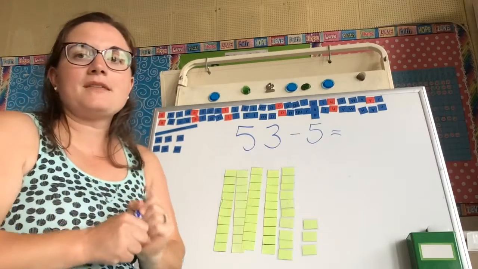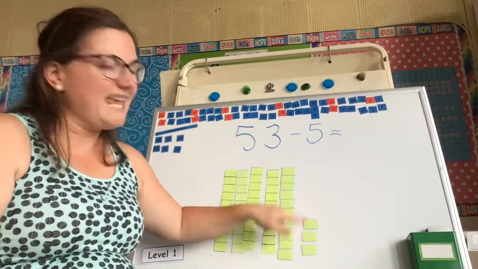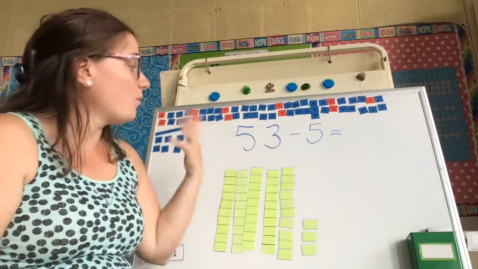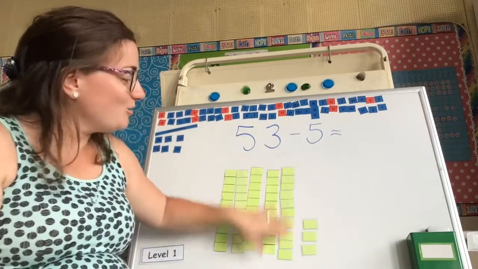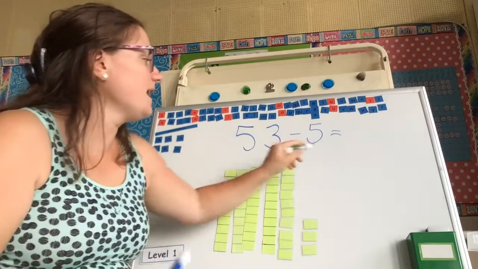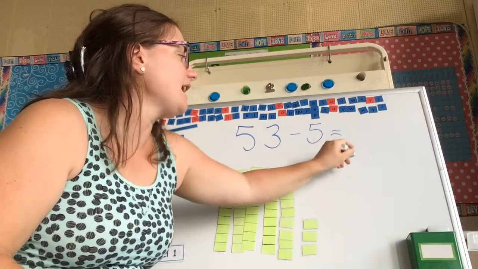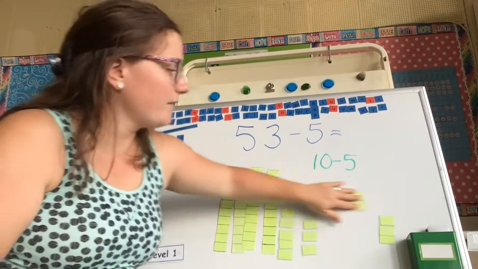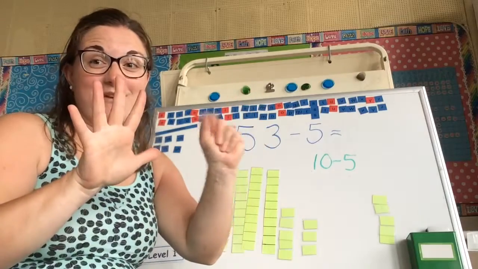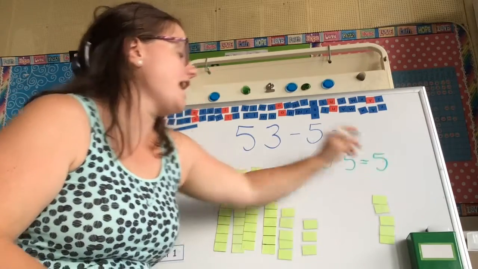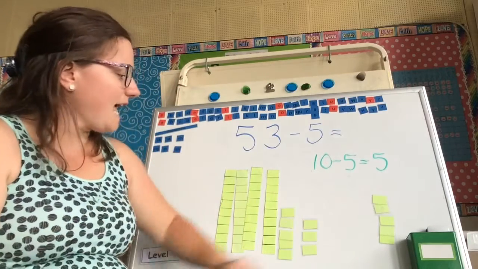Okay, but if I look at my number, I only have 3 ones. I can't take away 5 of them. So what do I have to do? I use one of my 10s, okay? So I'm going to do my 10 take away 5, right? So I'm going to take away my 5, and we should all know what 10 take away 5 is, right? 5 and 5 make our 10. So we have 5 left, okay?